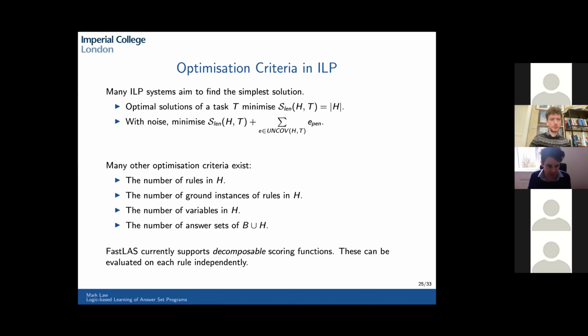So for some of the optimization criteria that I've given on this slide, that's obviously possible. So for instance, the number of rules, you just count each rule as one, add those up, and that gives you the number of rules. The number of answer sets you couldn't represent in a decomposable way. We are trying to extend this in current work to support non-decomposable scoring functions, but that's not complete yet.